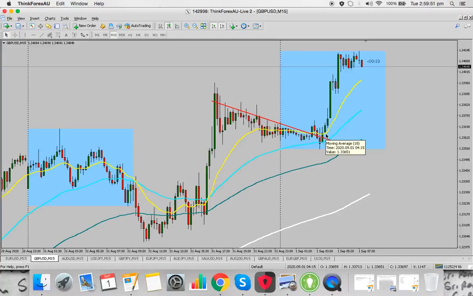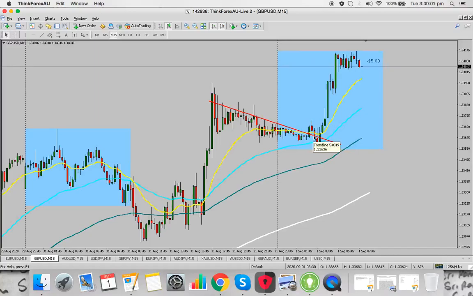Another way I could do that is just jump onto a 5-minute chart and look to see when price does come down, is it interacting with the body of another candle just to the left of that? If it is, I'll take an entry there.